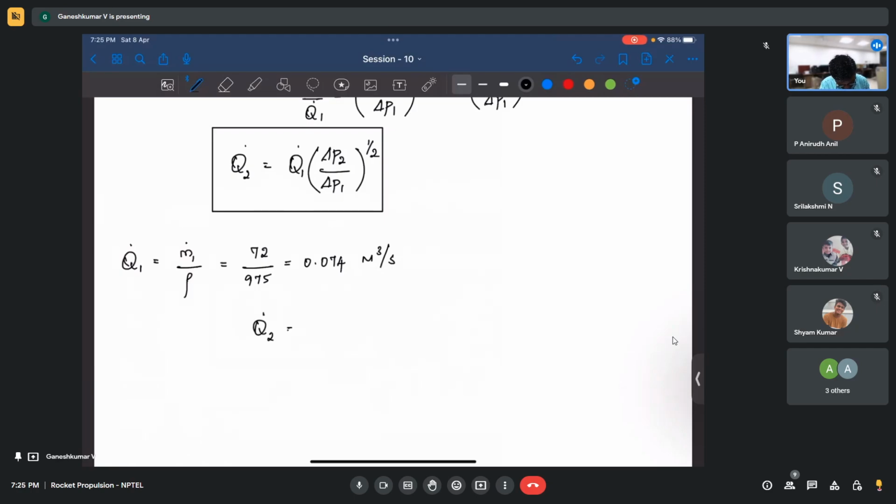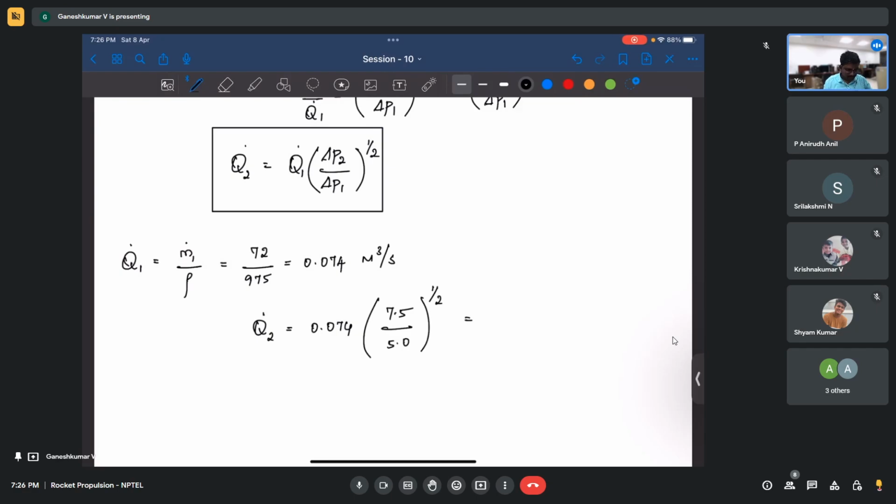So q dot 2 is going to be q dot 1, which is 0.074, times the pressure difference in the upgraded pump, 7.5 megapascal, divided by the pressure difference in the first pump, 5 megapascal, to the power half.